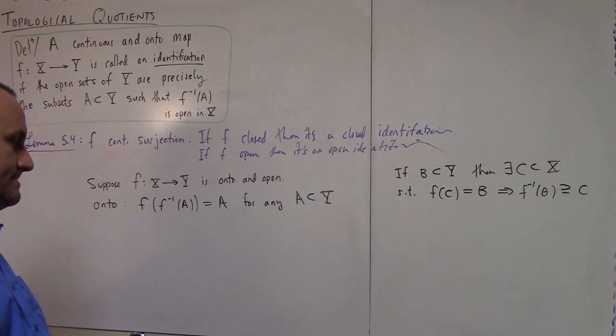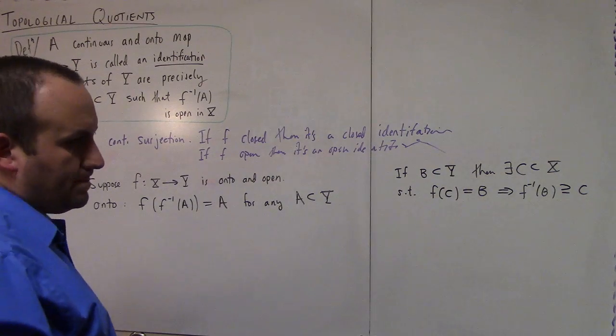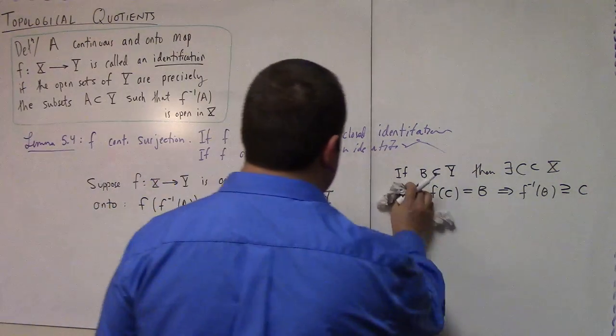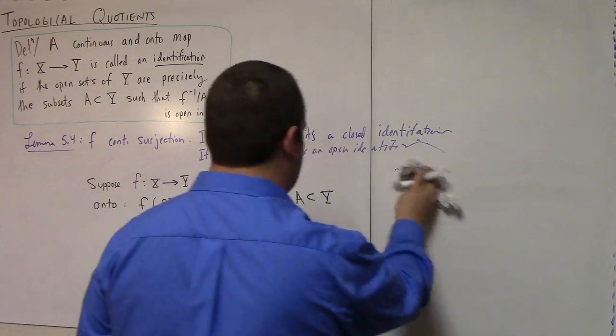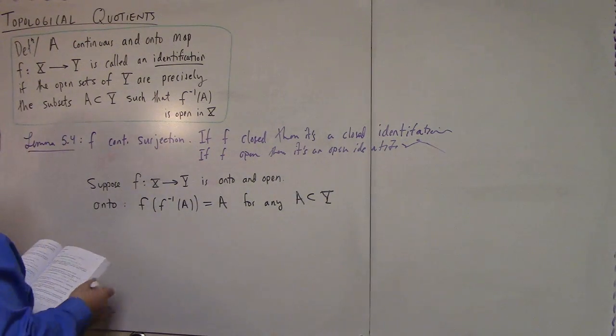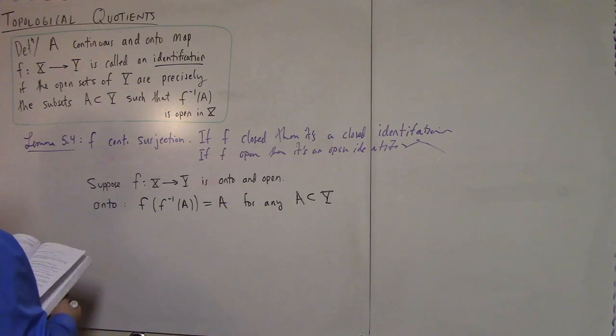Maybe if we took the union of all such C's, then F inverse of B would be a subset of that. Didn't you also need one-to-one for that over there? Interesting. Homework. All right. Onto implies that.